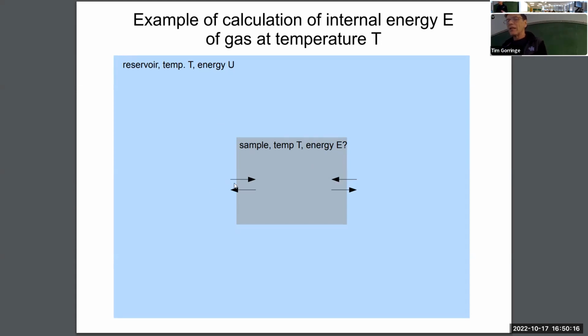Here I'm just trying to say that if you change the microstate of the sample, so supposing you increase its energy or decrease its energy a little bit by changing the state of one of the atoms in the sample, then there's got to be a corresponding change in the energy that's stored in the reservoir. But we're going to think of the reservoir as huge, so its energy change is negligible, and we only really think about the energy change of the sample that's in the reservoir.